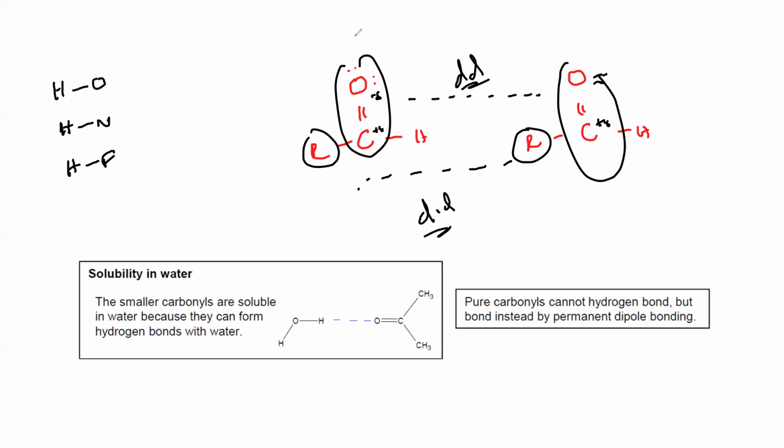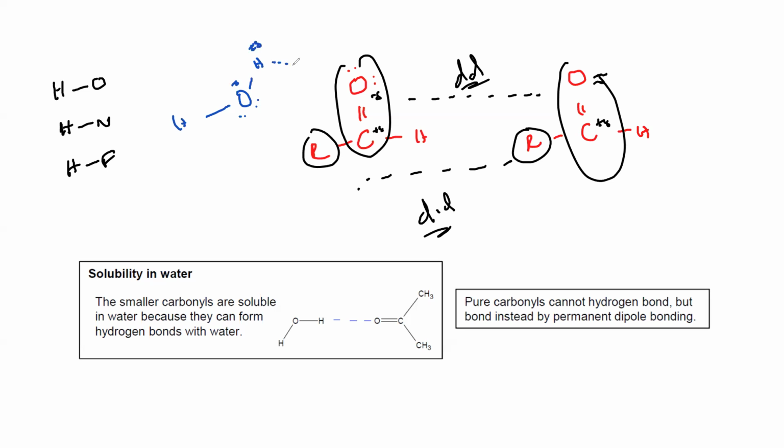But what happens when we add these aldehyde or ketone into water? Water is H2O, in which hydrogen is bonded with oxygen. Now what will happen? This hydrogen is partial positive and oxygen is partial negative.